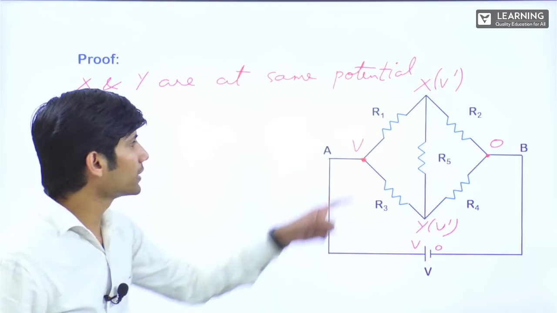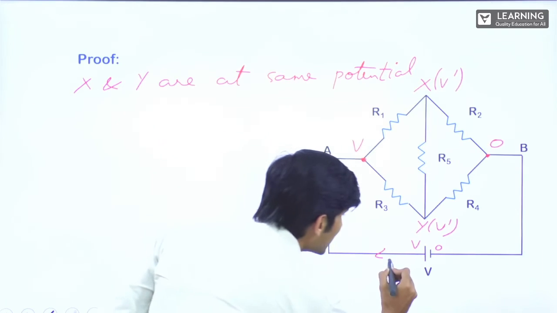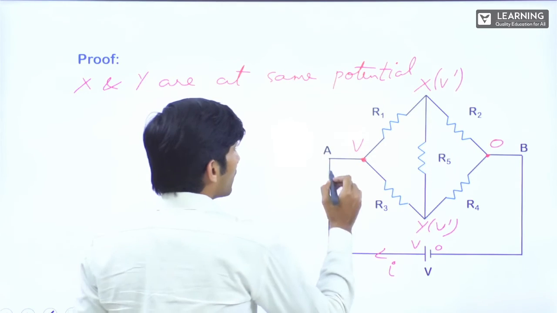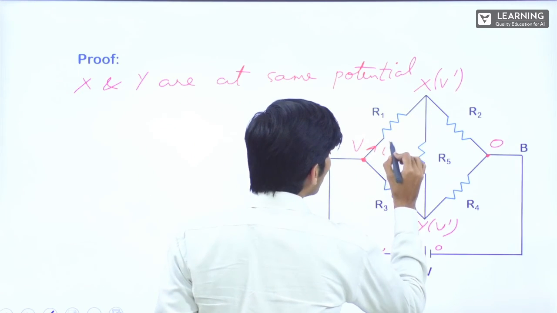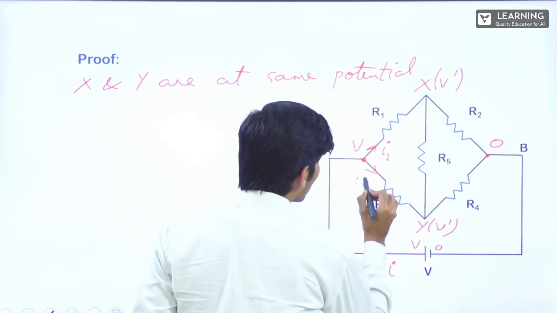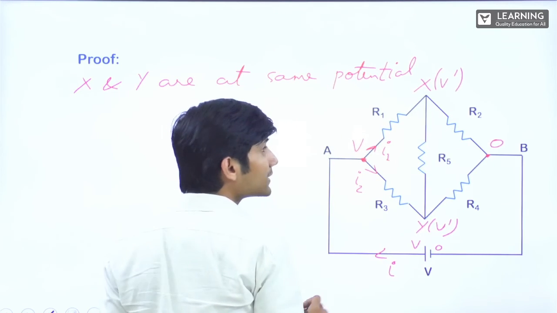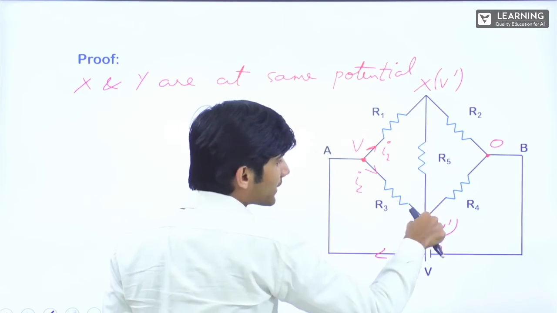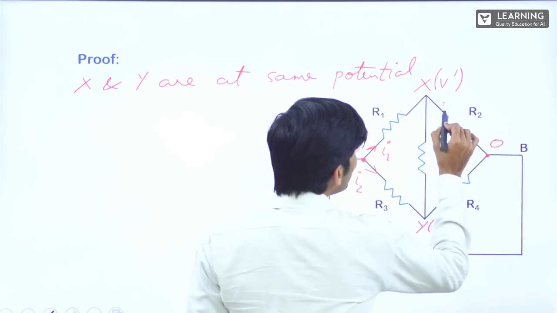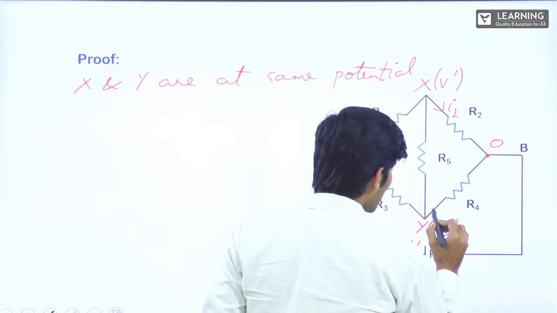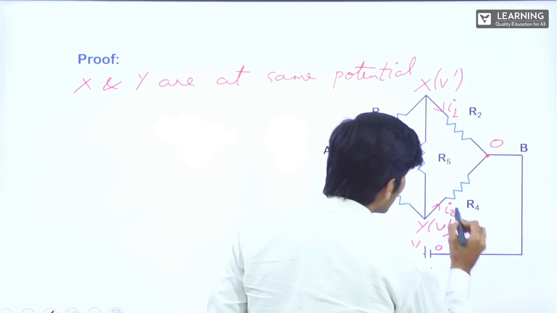Now we know if current I is coming from here, here it will go I1, here it will go I2. And since we have assumed that this and this are at the same potential, the same current I1 will go here, the same current I2 will go here. No current is going here.